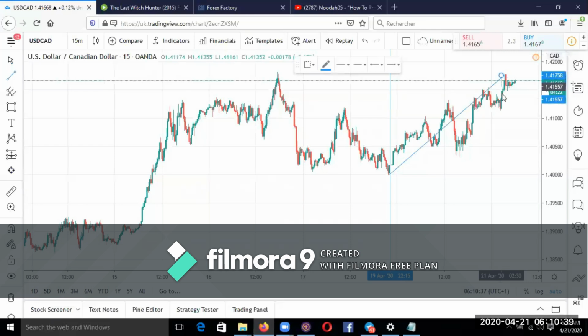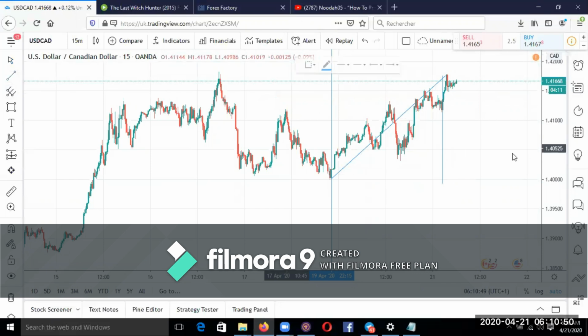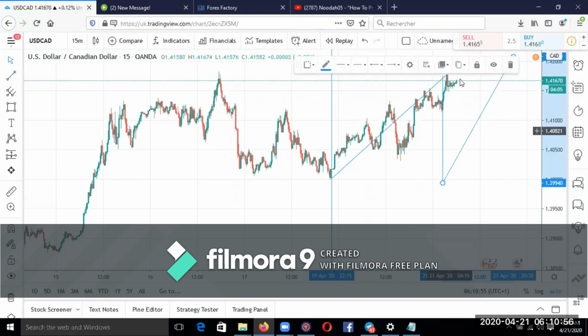Probably you see the market drop up to this level where the expansion took place, and now before continuing up, before you see the market continue up like this, boom, right? Now that is this movement.